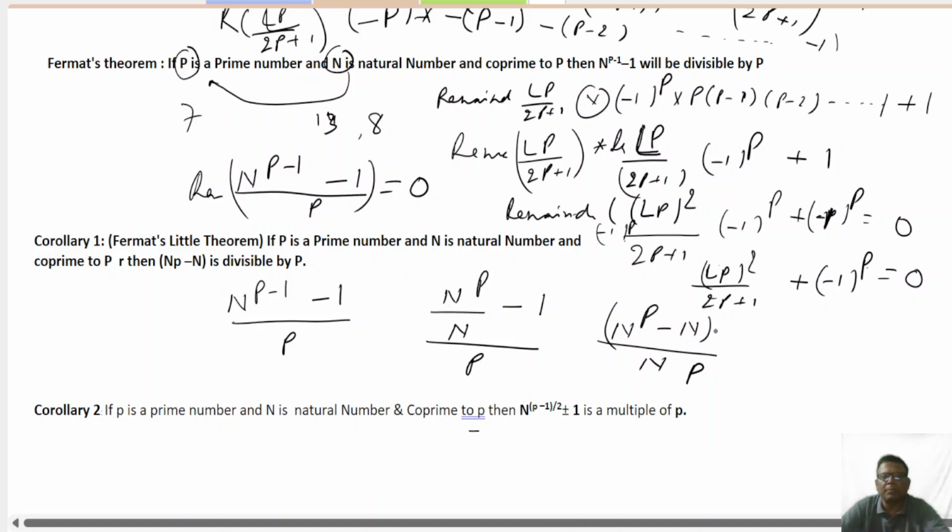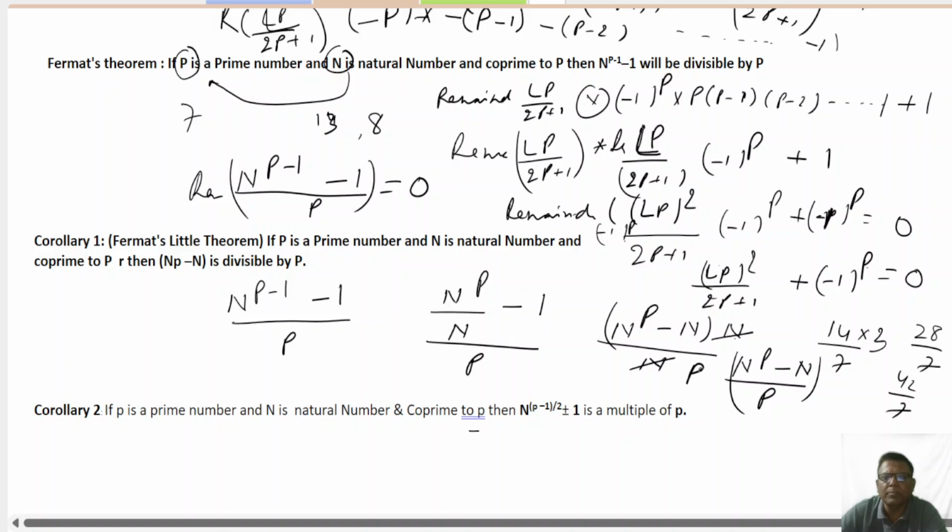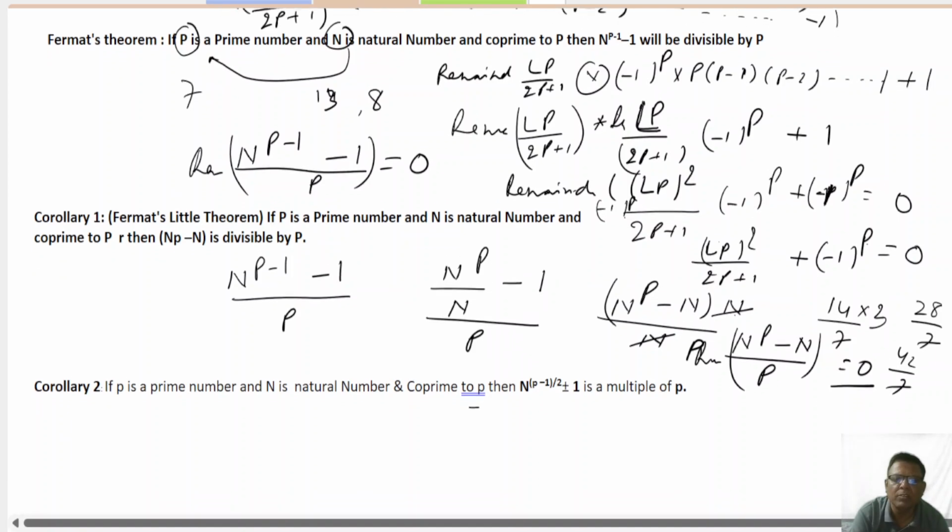If you multiply by a number, suppose 14 is divisible by 7, then multiply by 2, 28 will also be divisible by 7. Multiply by 3, 42 is also divisible by 7. So multiply by any number n, it will still be divisible by p. So from n you can cancel it. So n to the power p minus n will be divisible by p. The remainder of this will be 0.